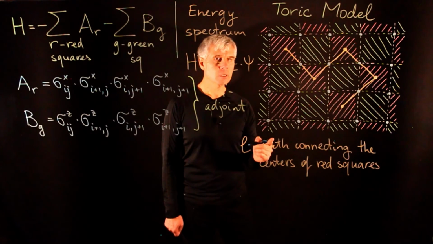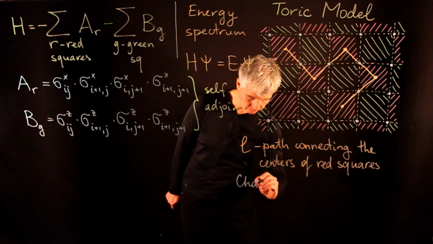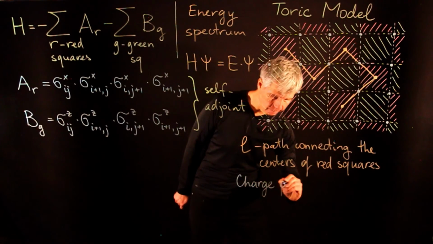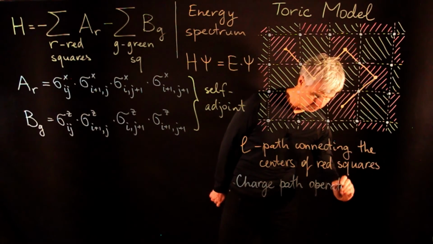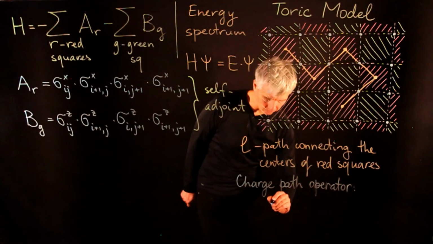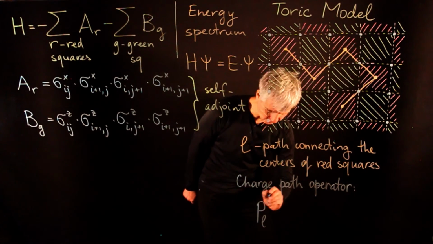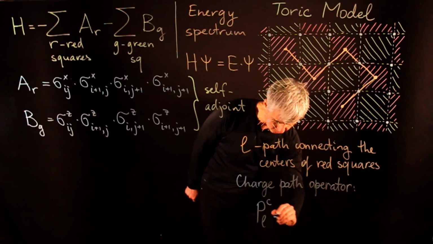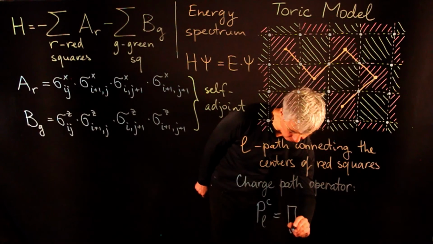And for each such a path, we construct a charge path operator, which will be PLC, so C stands for charge, which is the product over ij.